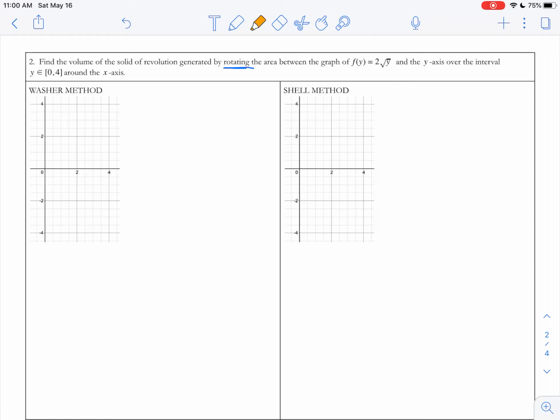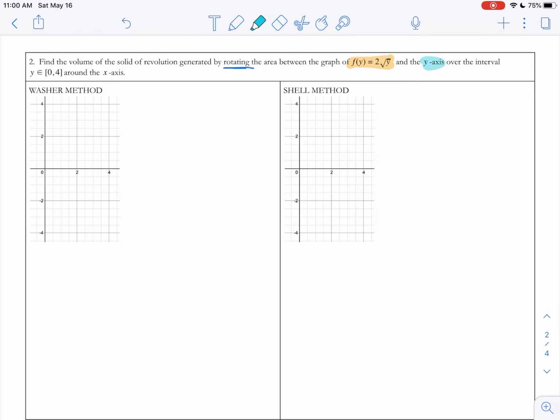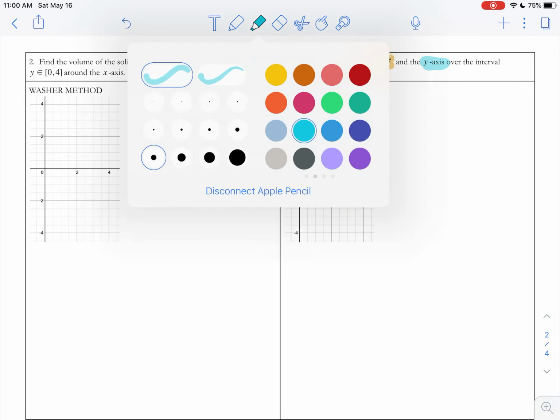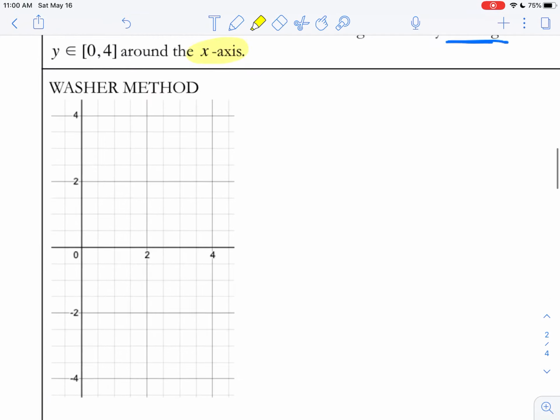So I'm going to have f of y equals 2 times the square root of y in orange, and I'm going to have the y-axis in blue, and we're going to have our axis of revolution in the yellow. Okay, so let's go ahead and draw that. So I've got my axis of revolution. I know it's going to be the x-axis.